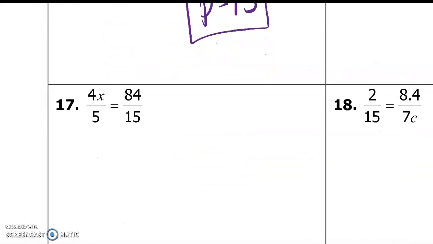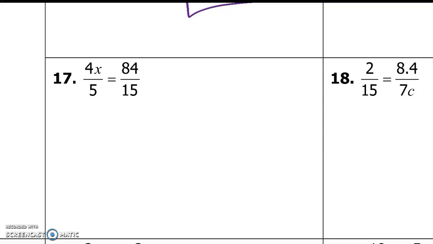And 17, this one's a little bit trickier. We have 4x times 15. So you need to do 4 times 15, which is 60, and then the x goes with it. So multiply the numbers together, and then make sure you put the x along with it. 60x equals 5 times 84, which is 420.